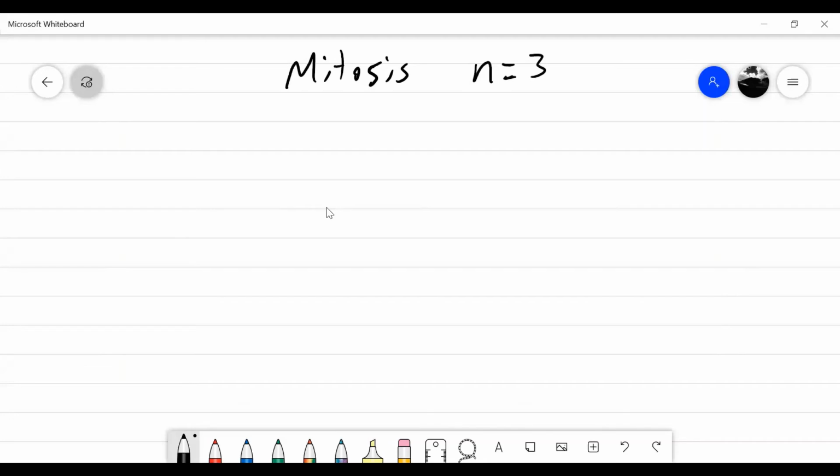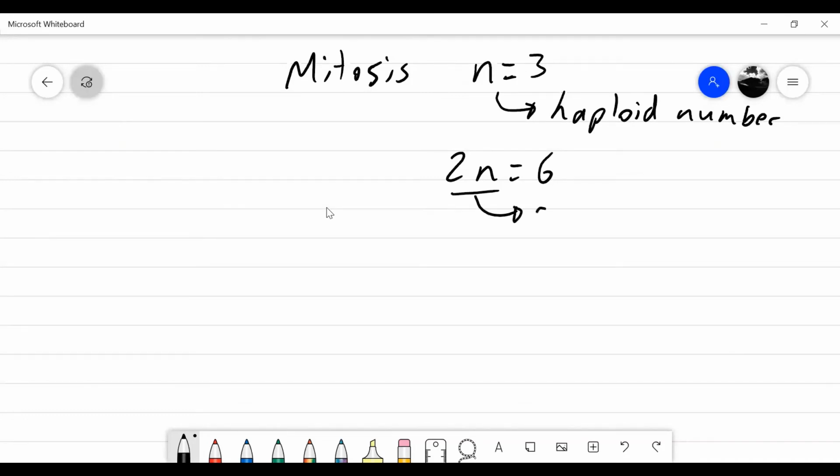We haven't really talked about these n numbers too much this semester, I thought, but hopefully you remember what that means. So this is the haploid number. It's good to know that if you're a diploid organism, then we want 2n equals 6. So 2n is the diploid number.